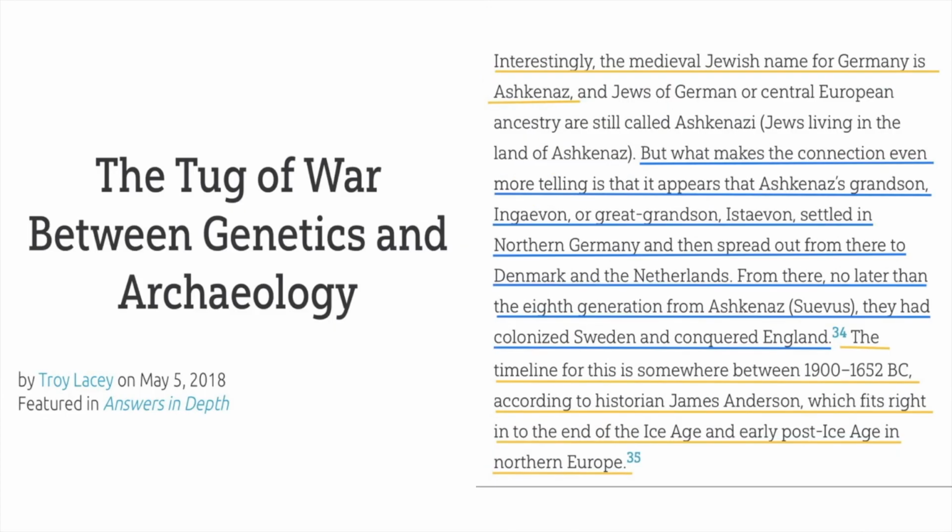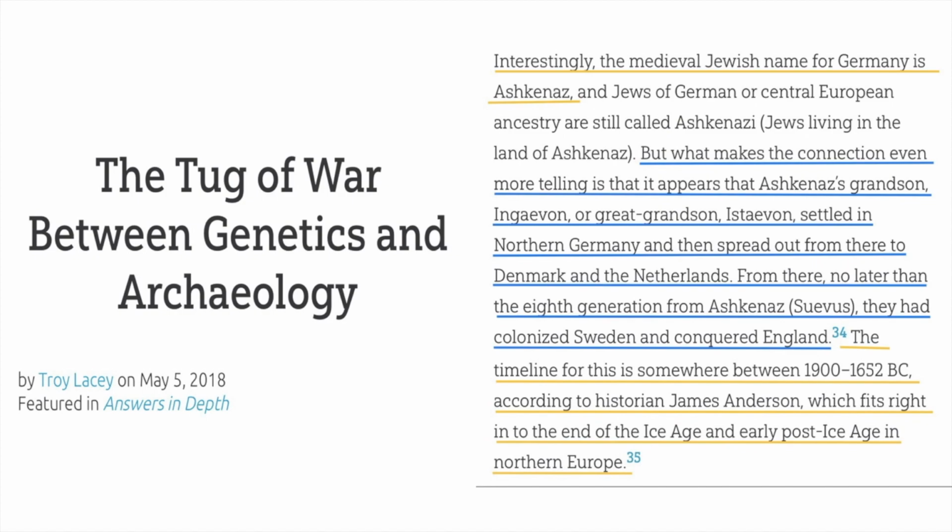So this is from the tug of war between genetics and archaeology, and it reads, interestingly, the medieval Jewish name for Germany is Ashkenaz. But what makes the connection even more telling is that it appears that Ashkenaz's grandson, Ingwin, or great-grandson, Istengwin, settled in northern Germany and then spread out from there to Denmark and the Netherlands.